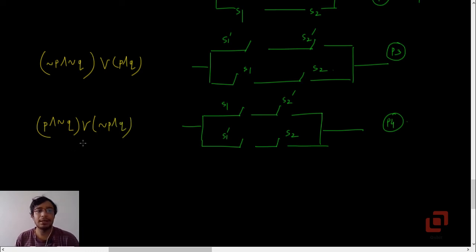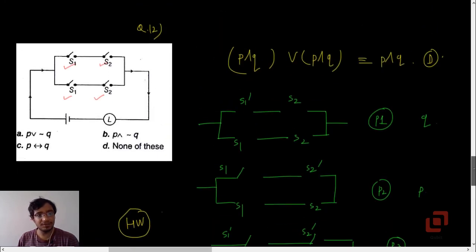Either you can use the truth tables to simplify, or you can use the laws of logic. So I'm giving this as homework to you. You can construct the truth tables and interpret the switching circuit and get its simpler form, or you can use the laws of logic to simplify the statement pattern and get the simplified version. So that is question 12.